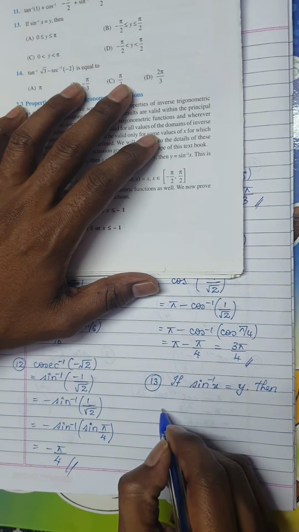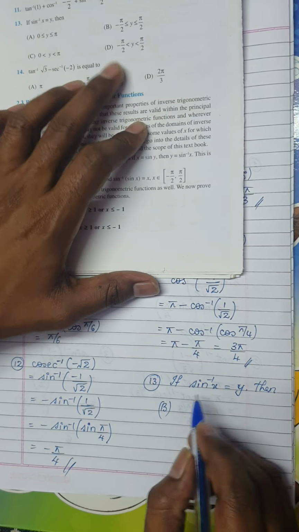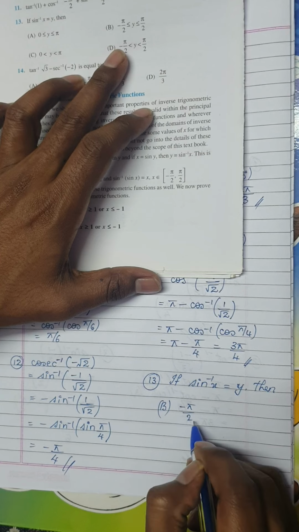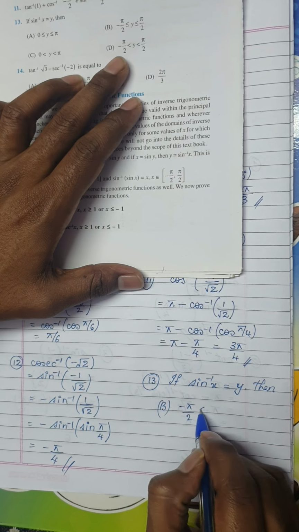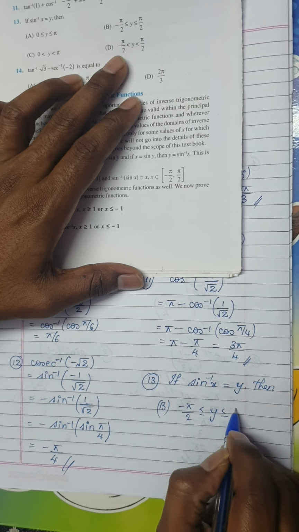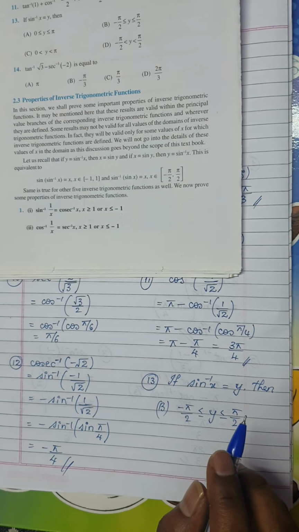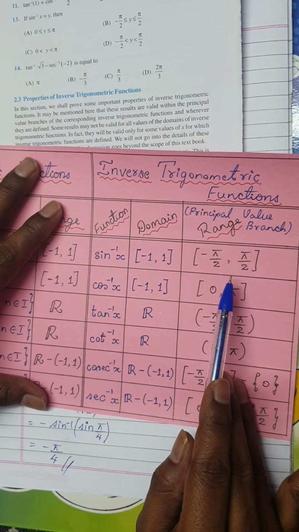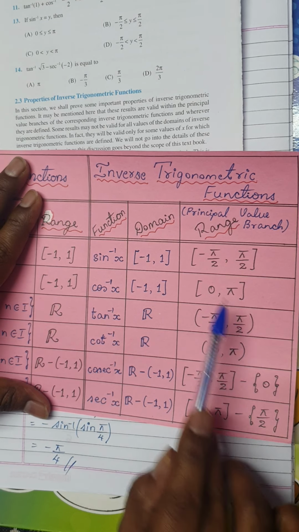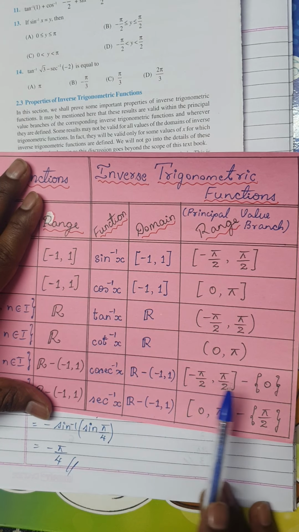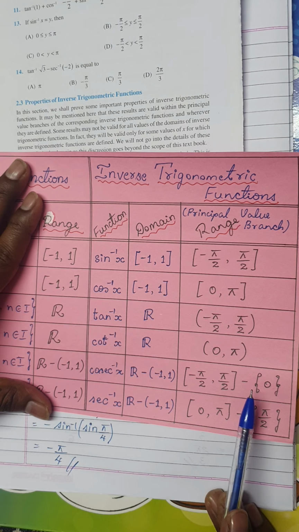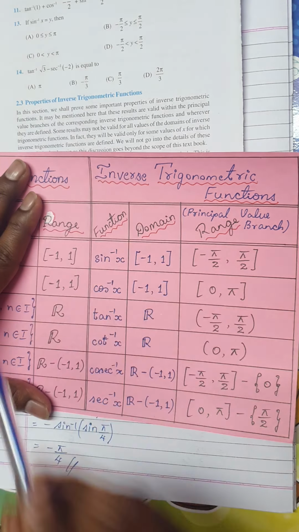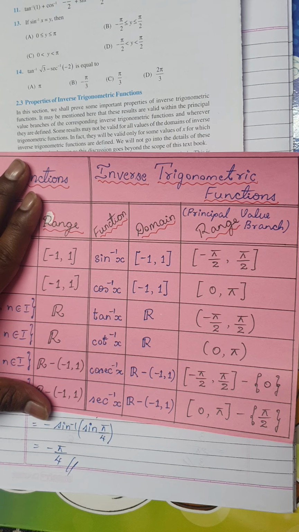So the answer for this question, that is the range of y, will be nothing but minus pi by 2 less than or equal to y less than or equal to pi by 2. As I told you, you should always be careful with the range and domain of all the 6 inverse trigonometric functions. Okay, there are more chances of getting a 1 marker from this and the questions we just worked out now.